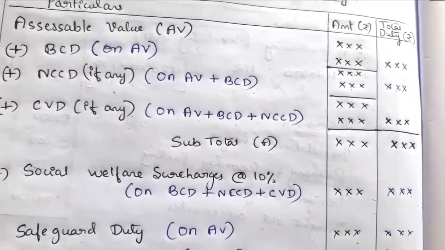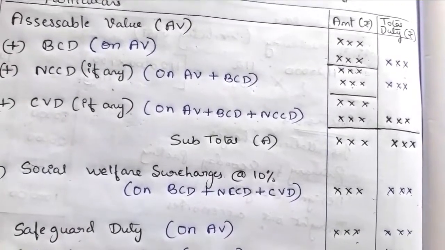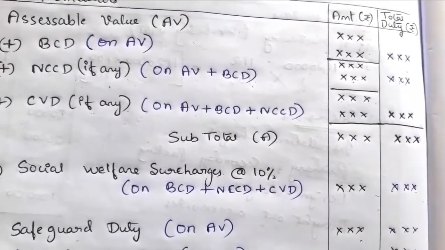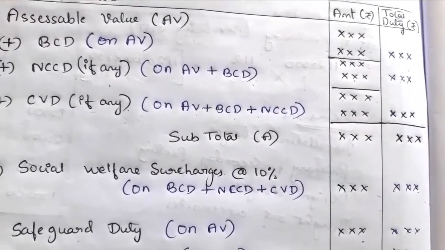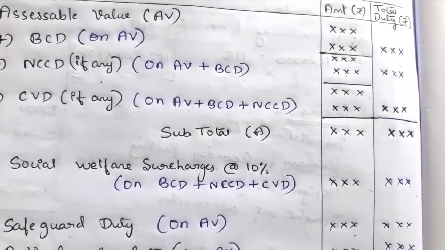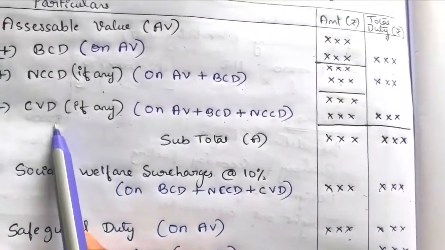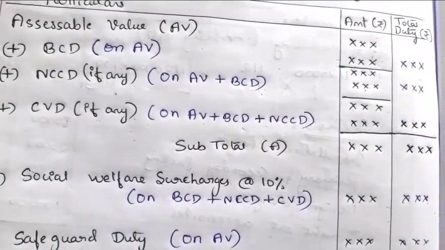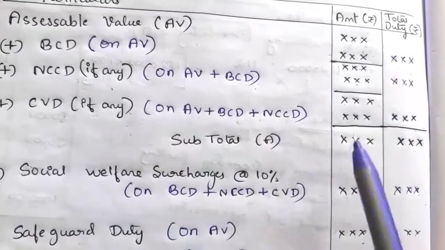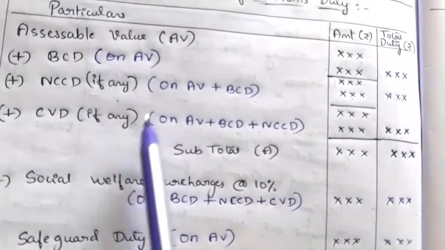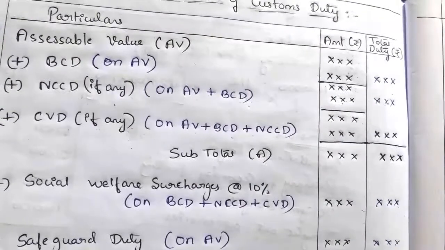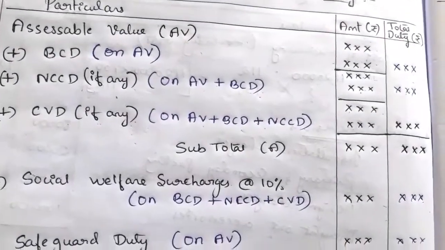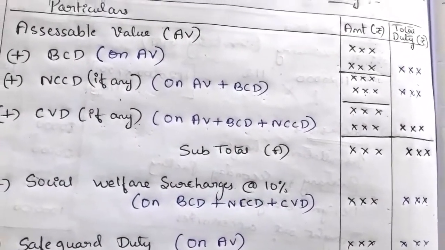So in order to bring them on an equal footing with similar goods of our country, a duty equal to the subsidy granted by the other government is imposed on such subsidized goods. That is how the CVD, or countervailing duty, is levied.